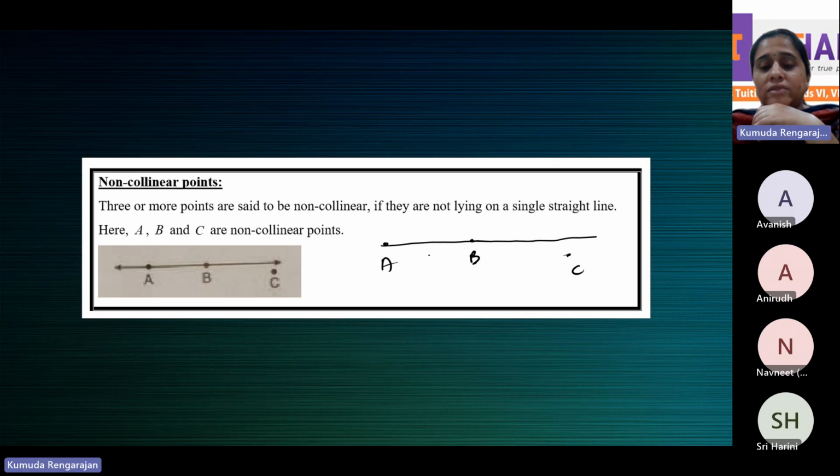It's not on the continuation of the line. You don't meet C as you continue. C is away from the line.